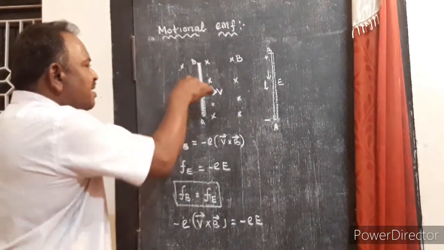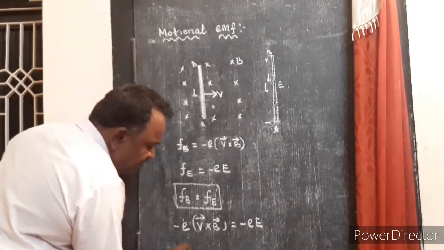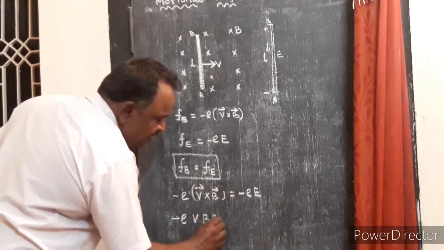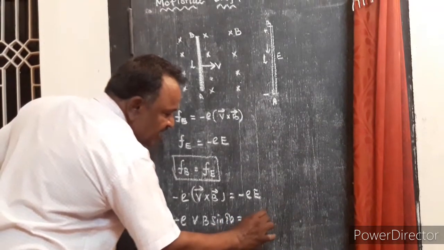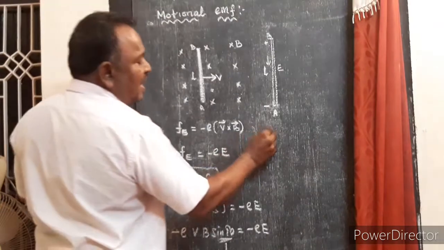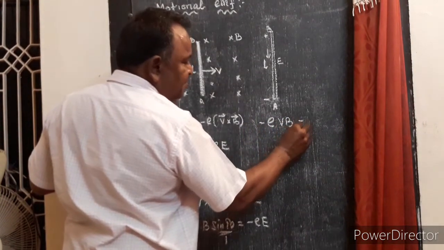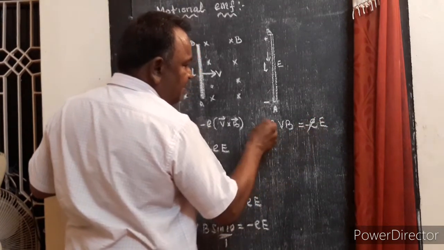Here the magnetic field and velocity are perpendicular to each other. So when I write minus e into vB sin 90 is equal to minus eE, sin 90 becomes 1. So minus e into vB is equal to minus eE.